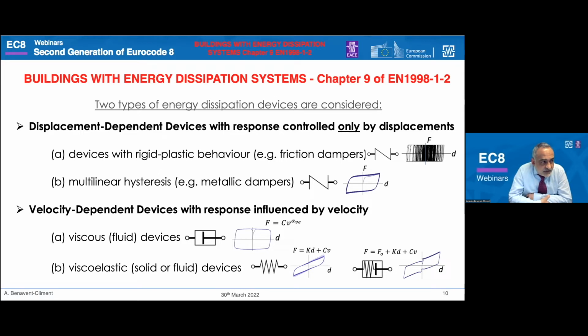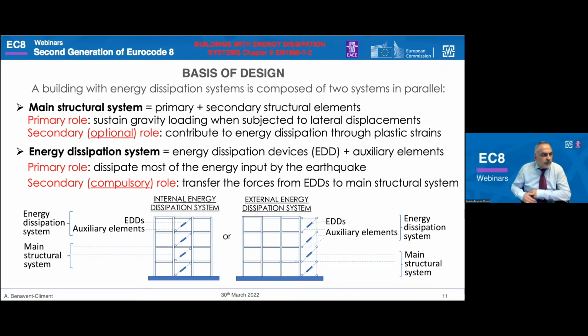The displacement dependent devices include the friction dampers and the metallic or hysteretic dampers that I mentioned before, and the velocity dependent devices include the viscous and the viscoelastic dampers. The basis of design is exactly the same for both types of energy dissipation devices and can be summarized as follows.